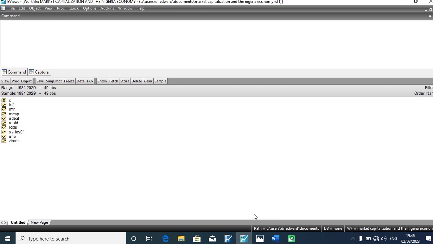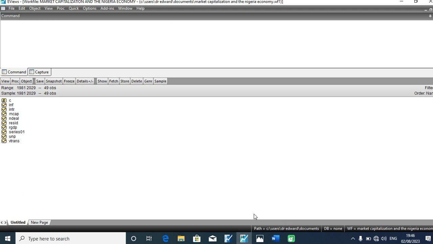By stock market variables, we talked about market capitalization, the number of deals in the market, and the value of transactions. We also introduced interest rates into the model. So our GDP becomes our dependent variable. If we estimate an ARDL test, we are going to look at how to generate the heteroskedasticity result and also how to have the problem solved.